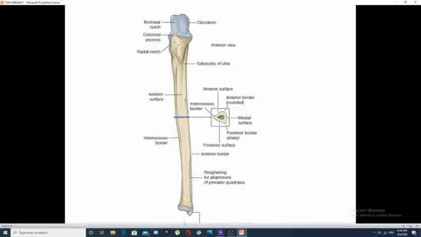Below is the lower part of the ulna, which is a narrow part. It has an inferior surface, which is called the articular surface, and on its medial side, a small downward projection called the styloid process of the ulna.